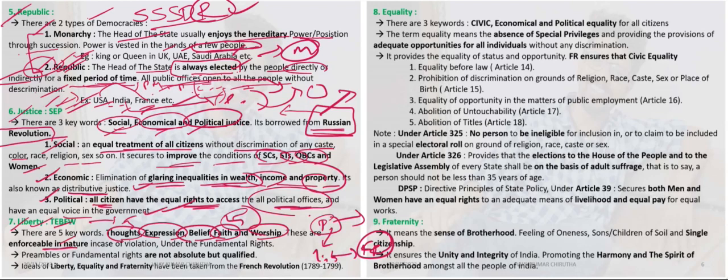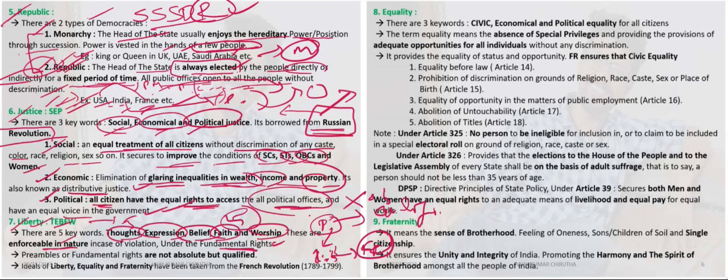It is not directly enforceable from the preamble because the preamble is not absolute; it is qualified. As we know, liberty is enforceable in case of violation under the fundamental rights.